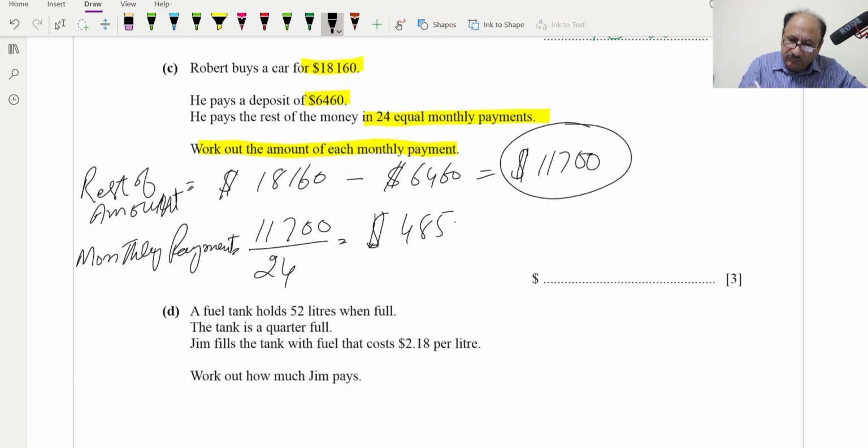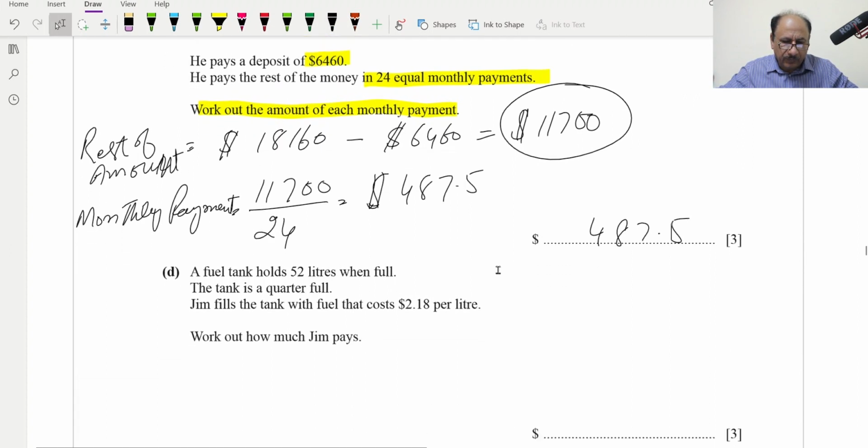So $487.5, this will be a 3 marks question, which is done.